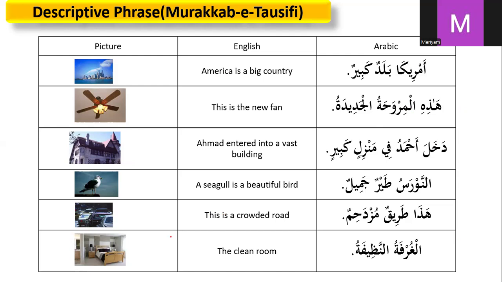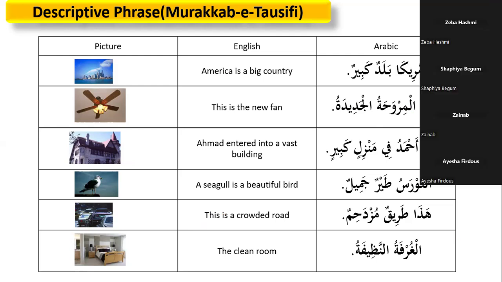Okay, so here you can see Amrika baladun kabirun. Which one is the descriptive phrase here? Baladun kabirun. Yes, they both are in the same pattern. This is the new fan: hazihil mirwahatul jadidatu. So in this one, both words are in the same pattern in the definite state.